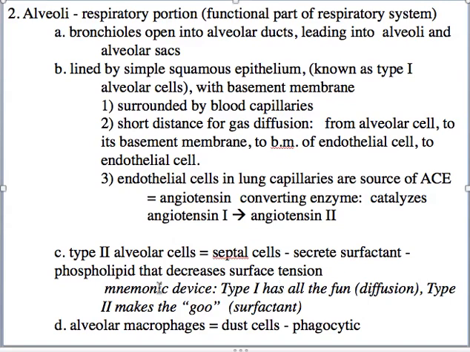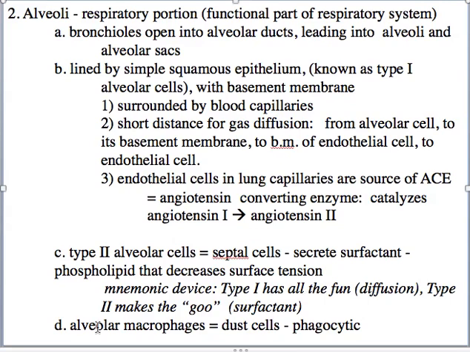There's a little mnemonic device to help you remember: the type 1 epithelial cells, the simple squamous, have all the fun, meaning diffusion, and type 2 makes the goo, or surfactant. Surfactant is a phospholipid, so a fun way to talk about it is goo, because it is a phospholipid substance, a little bit sticky.